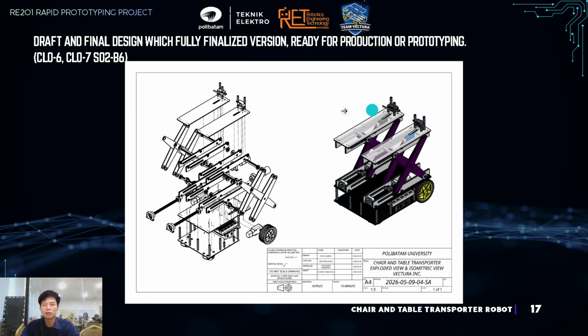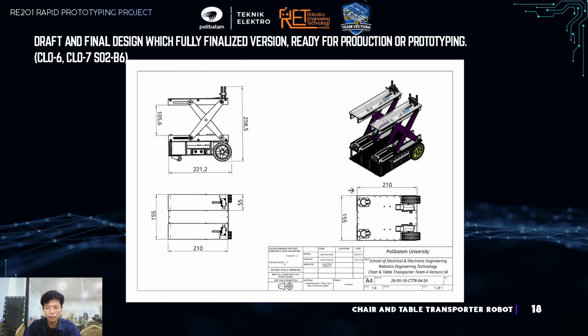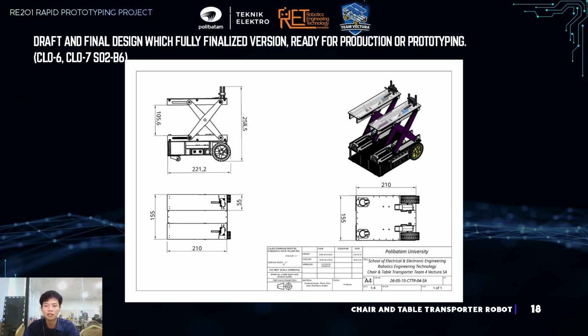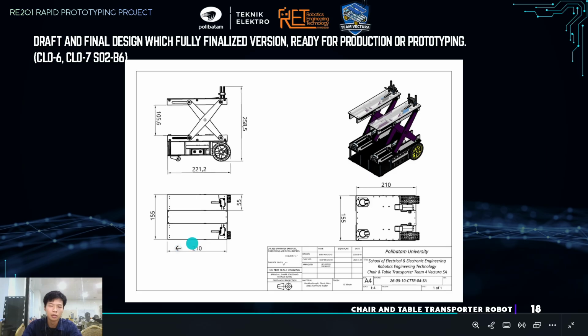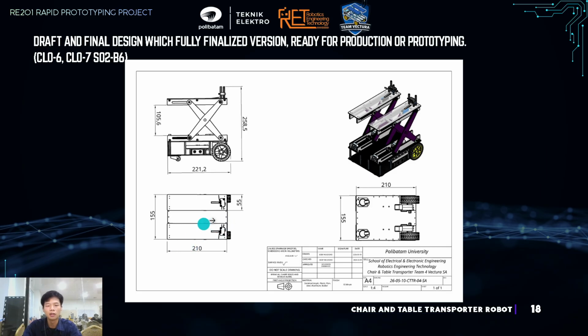And this is our final assembly with the dimensions above the ground. The lifter height is 288, the gap between the lifters is 150, the length of our robot is 210, and the width is 155.